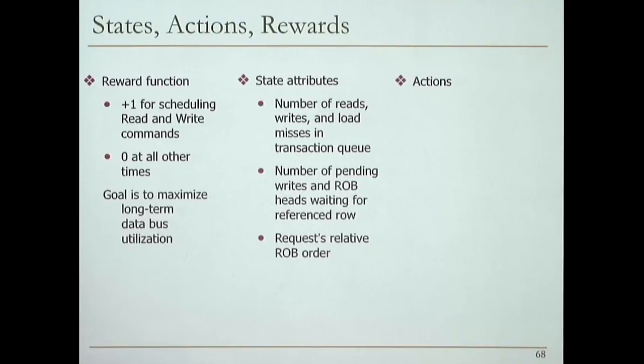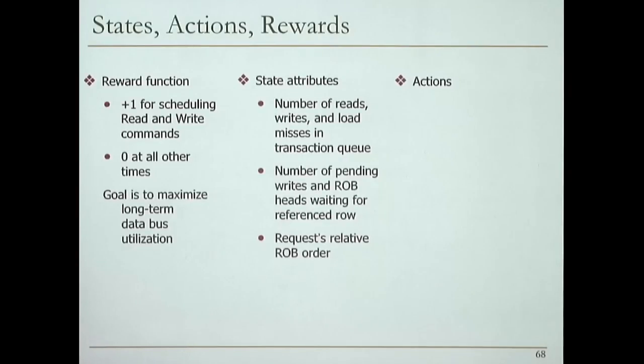So as you can see, number of reads, writes, load misses in the transaction queue. Clearly, we found that it matters to consider whether the cache miss that you're trying to schedule is coming from a load versus a store. And number of pending writes, how many writes do you have? That actually has an effect. Again, we don't know exactly how this works internally because this is really black box machine learning.